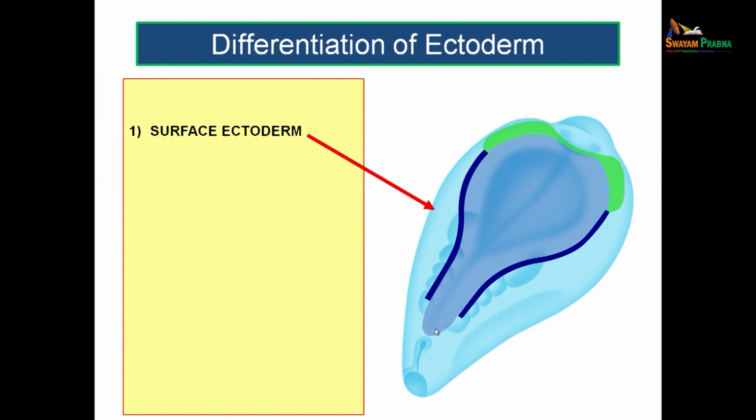So, this light colored area is known as surface ectoderm, and somewhat in the middle and on either side of the midline, you can see a dark blue colored area compared to this light blue. This region is known as neurectoderm. This is how the entire ectoderm is differentiated into two parts, surface ectoderm and neurectoderm.